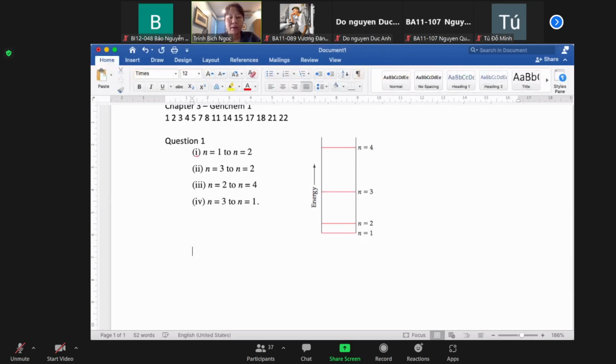Okay, and the question is, you need to determine the quantum numbers that are involved in the transition that requires the most energy. The most energy.